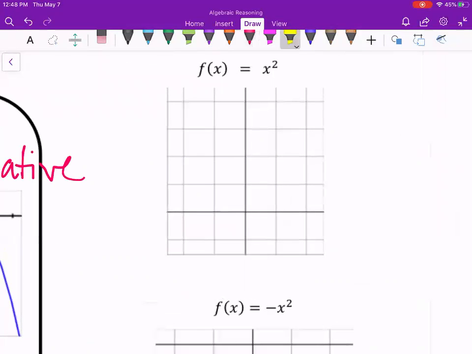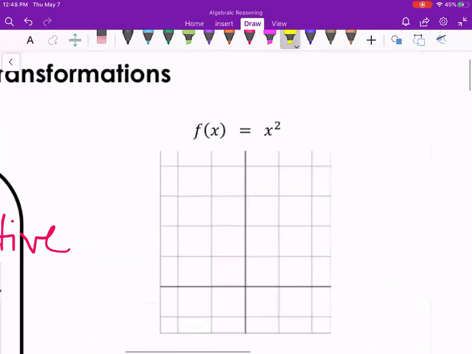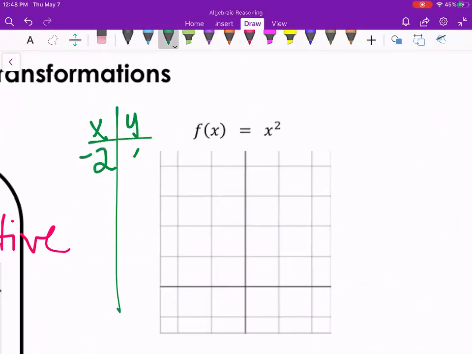So we have our original equation here, and like before, we'll use our original points that we talked about in last video, x and y. So we had -2 and 4, -1 and 1, 0, 0, +1, 1, and +2, 4.